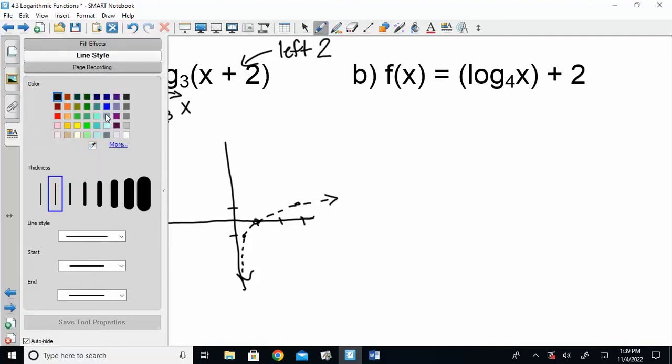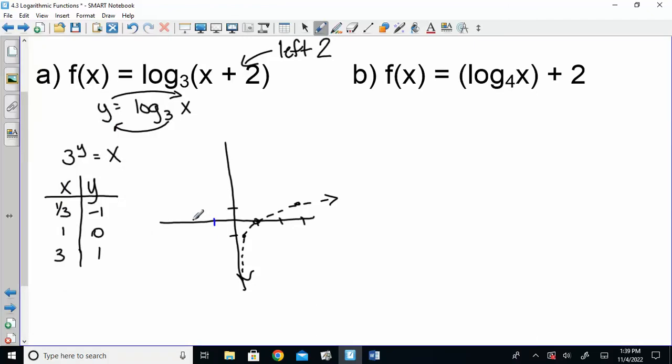So if I go left 2, my vertical asymptote is now at -2. Oh, that is very crooked. Okay. So then just take each of your points to the left 2.